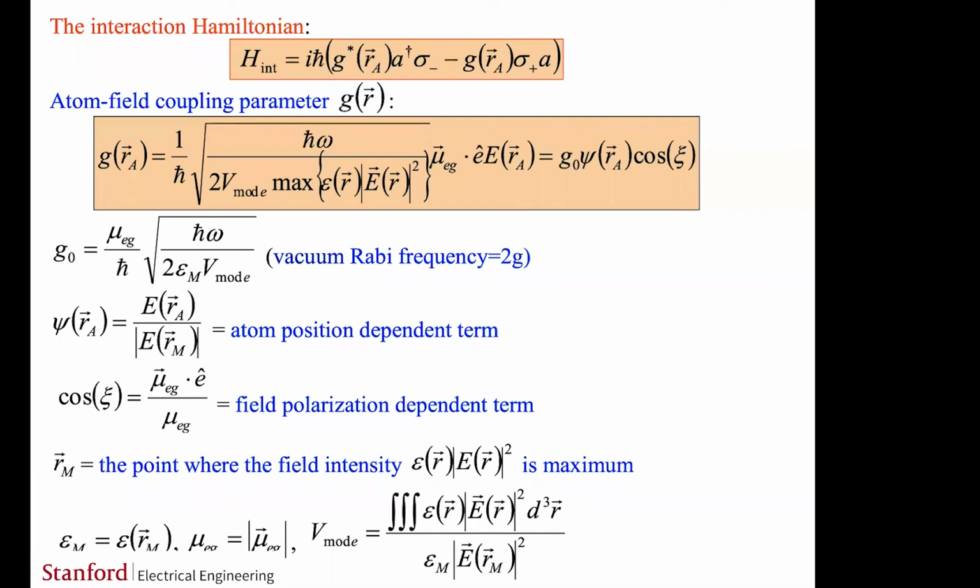So that tells you that you have to put the atom into the point where electric field energy density is maximum, which is typically the same as the point where electric field is maximum, but mathematically epsilon E squared has to be maximum. It's not generally the case for every arbitrary resonator. You also have to align the dipole moment with the external electric field or they won't interact. And of course, you should do whatever you can to maximize G naught, the maximum value of G. So what would you do to maximize G naught?